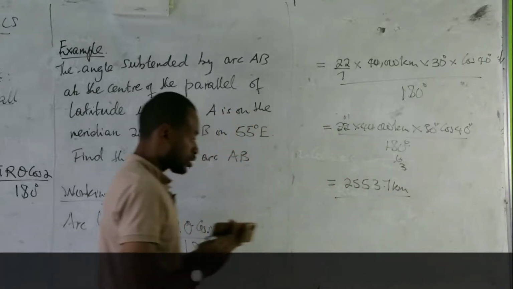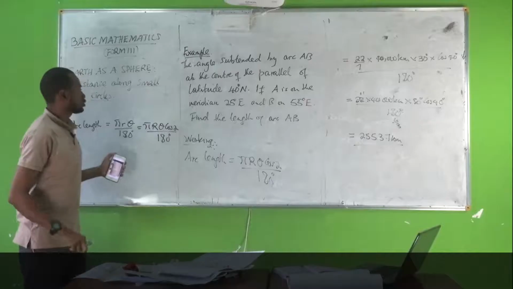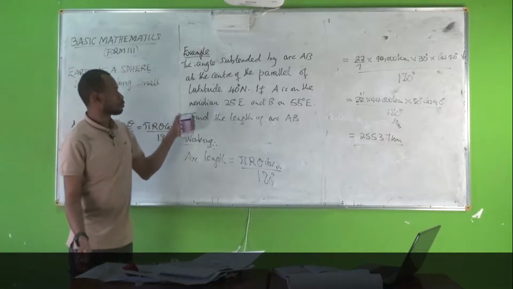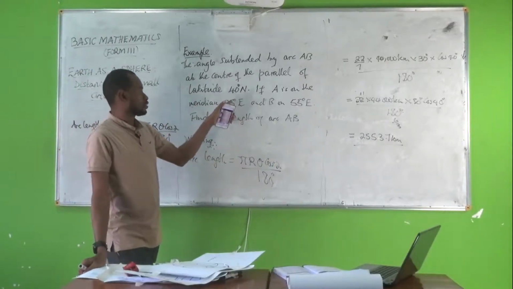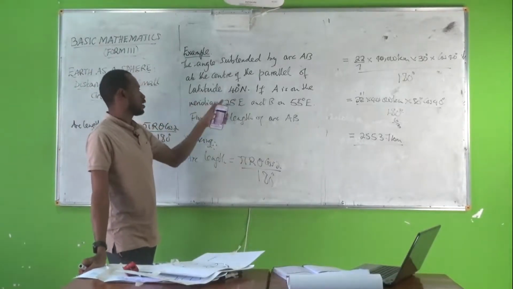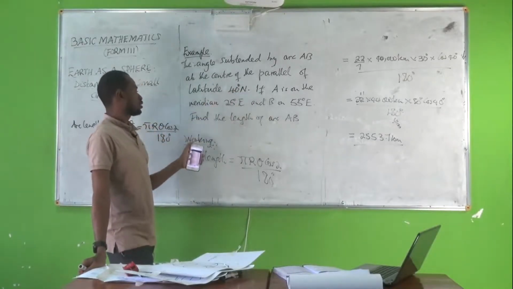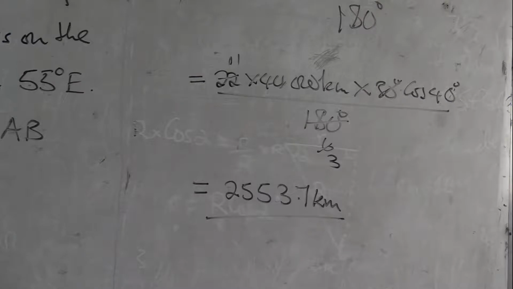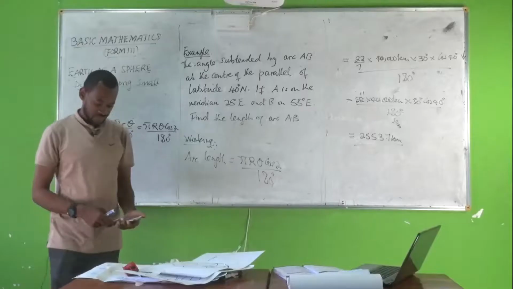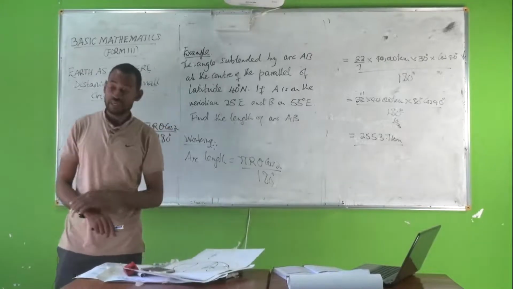So this is the arc length of the arc AB due to the angle subtended by the arc and the parallel of latitude 40, if the meridians given are 25 and 55 degrees east. Are we together? Yes, good.